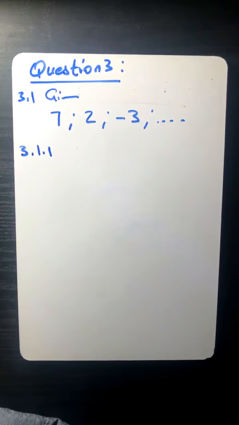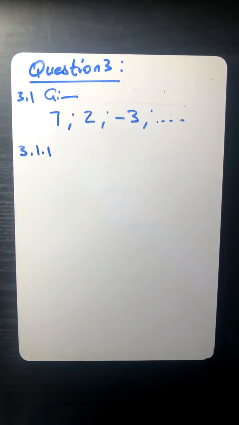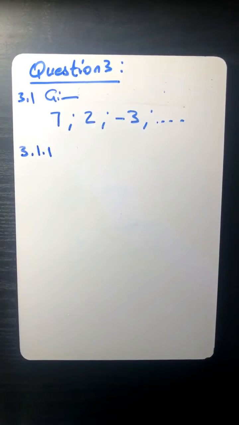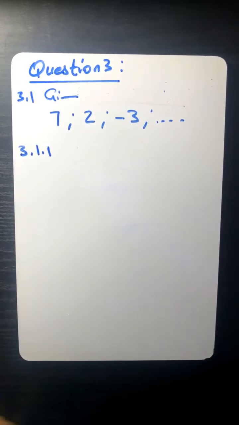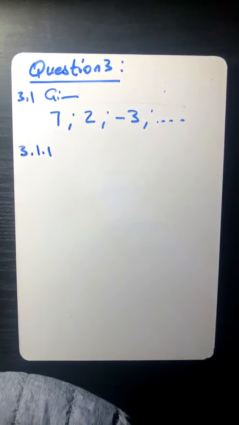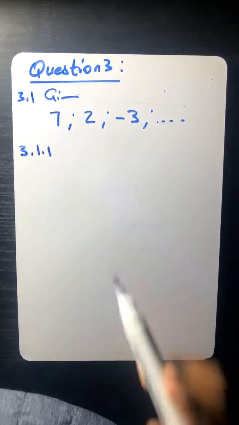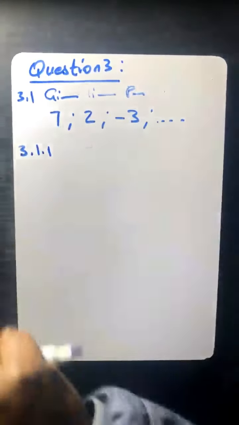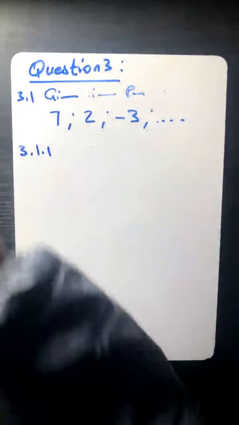Okay, so let's see. What is the question saying? I think the question is talking about the general term of the linear pattern. Because they already said a linear pattern, this is our main formula.